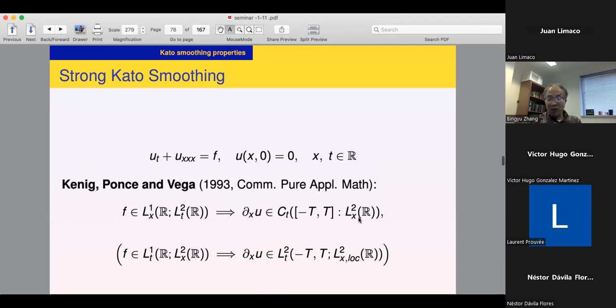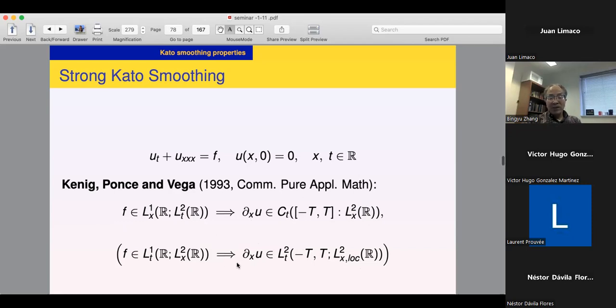Also about the space variable, this L2 is local in the first case, and here it is global. Of course, the conditions on F are different. For this one, F is L1 about the space variable, L2 about the time variable; if you switch it, it is L1 about the time variable, L2 about the space variable. For this one you only get the Kato smoothing, but for this one you get a strong Kato smoothing.